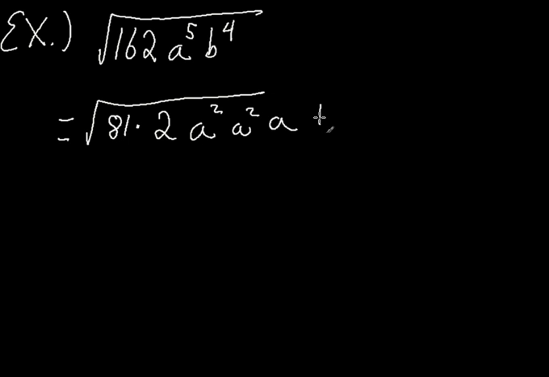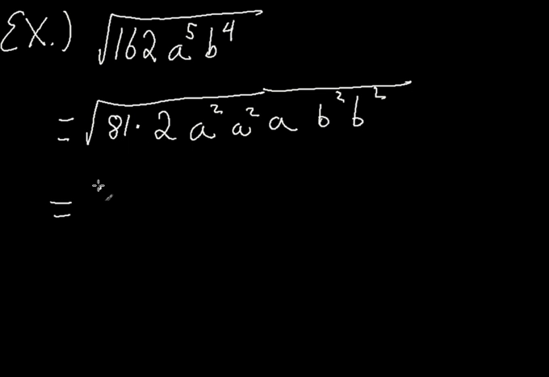I'm really going to draw out the steps here so we can see what's going on. a to the 5th could be written as a squared times a, because the exponents would add to 5. And then b to the 4th could be written as b squared squared. Now I can pull out all of the perfect squares.